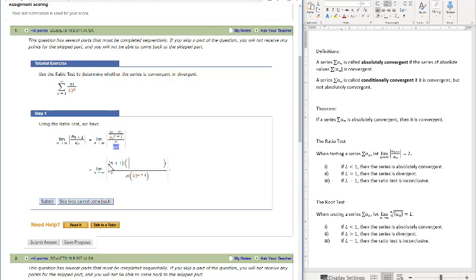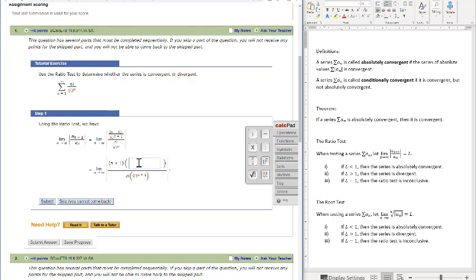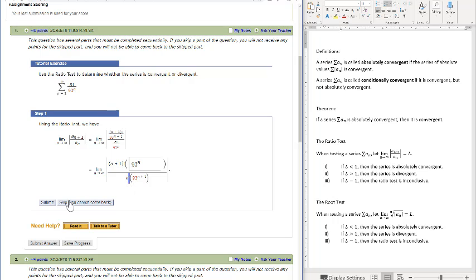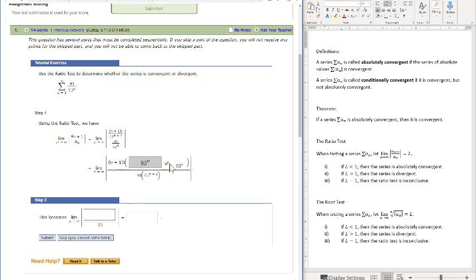So I have n plus 1 factorial in the numerator and 93 to the n plus 1 in the denominator. And now I want a 93 to the n in the numerator, and I have an n factorial in the denominator that's already here. So that is our expression.